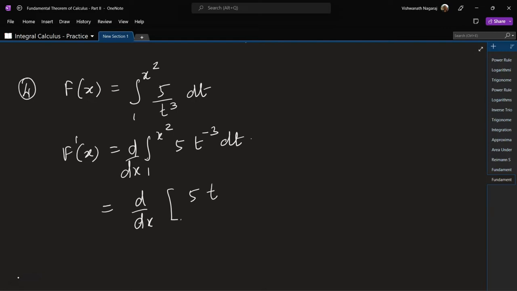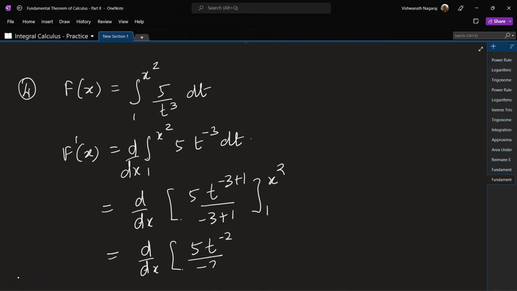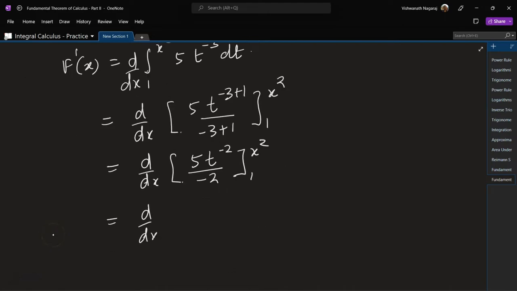We are integrating it, so t to the power of minus 3 plus 1 by minus 3 plus 1 from 1 to x square. This gives us d by dx of 5t to the power of minus 2 by minus 2 from 1 to x square. This can be further written as minus 5 by 2 times t to the power of minus 2 from 1 to x square.